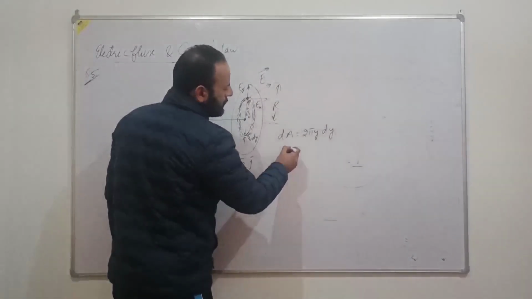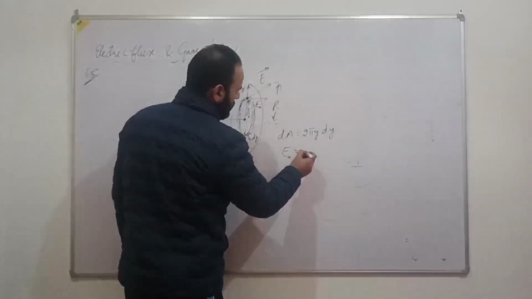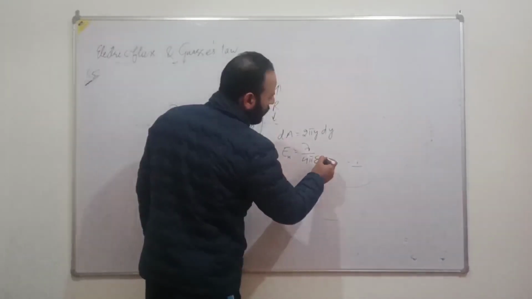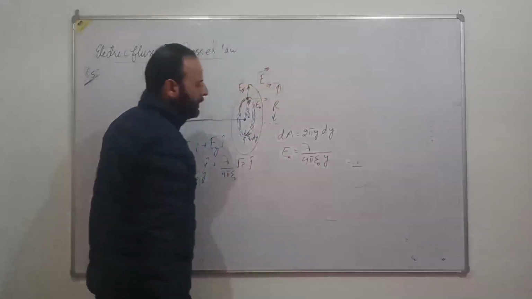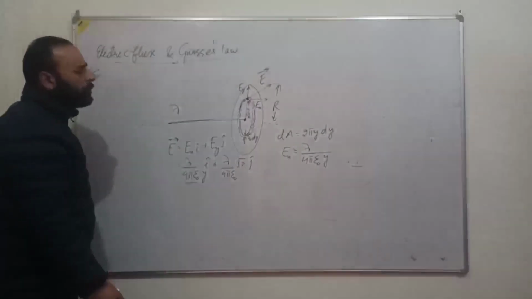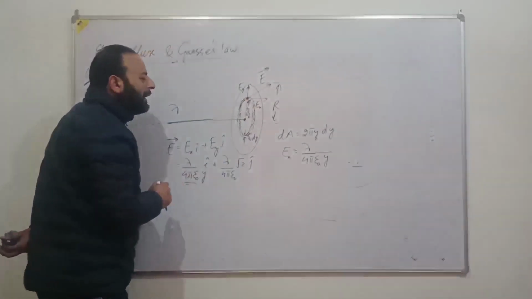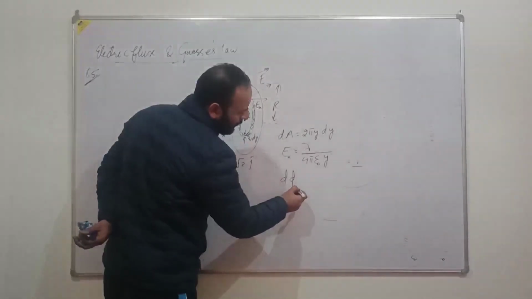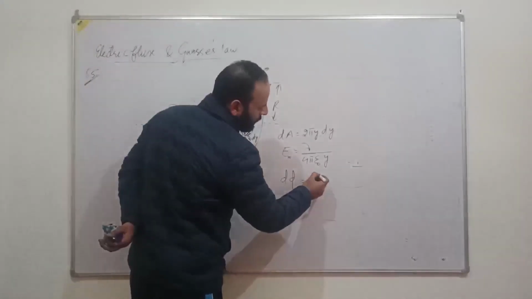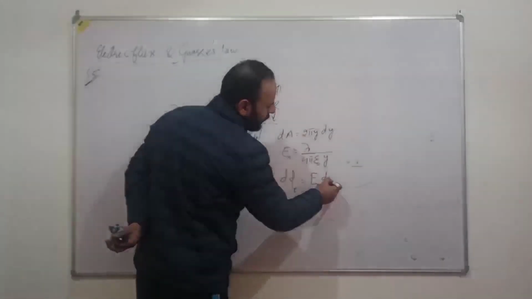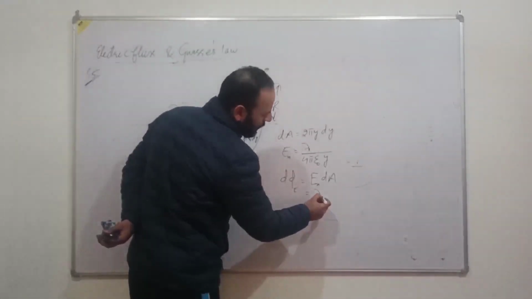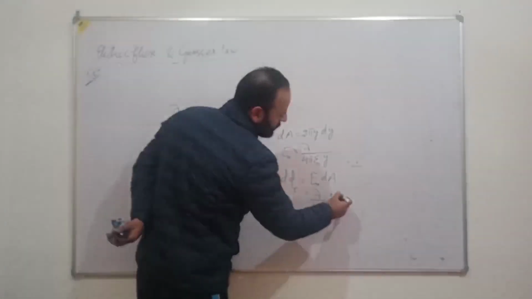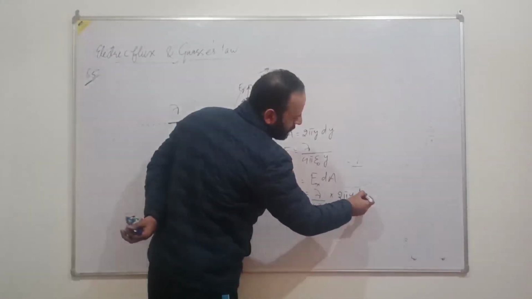And our Ex here is equal to lambda divided by 4 pi epsilon naught, y, so y is in the denominator. Now, what will be the flux? The flux through this ring element is d phi E, equal to Ex dA, which is lambda divided by 4 pi epsilon naught y, times 2 pi y dy.